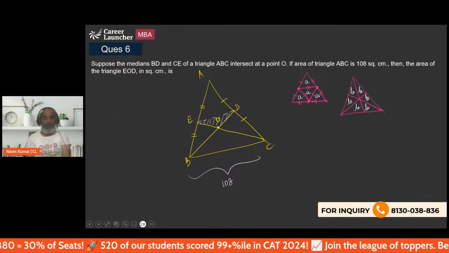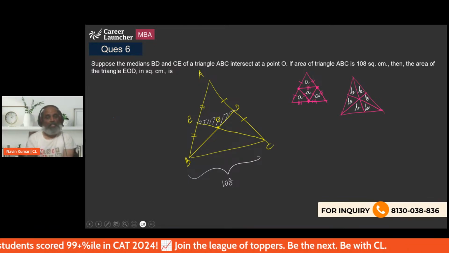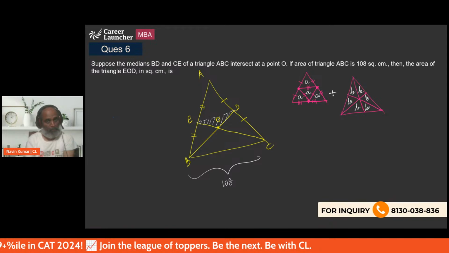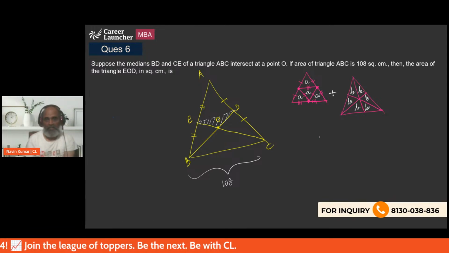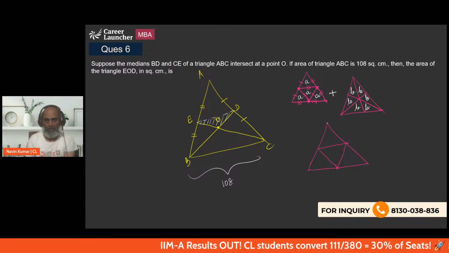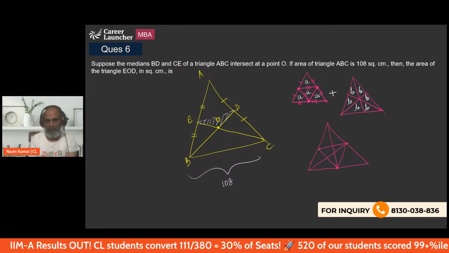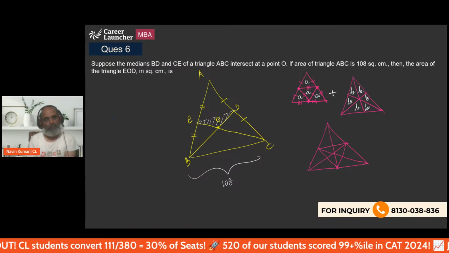Don't know, but the area is equal. Now, if I superimpose both these triangles, it's going to look something like this. You can assume an equilateral triangle, no problem. Right?